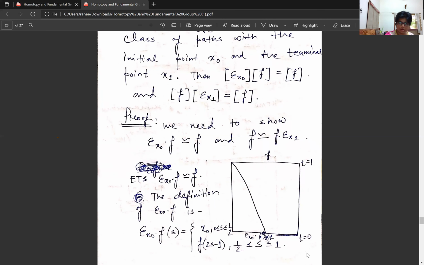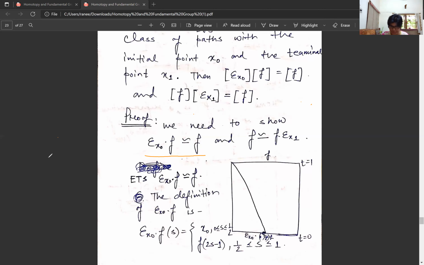We need to show that epsilon x naught times f is homotopic to f. And then in the homotopy equivalence class, they will be the same, right? So how do we show that epsilon x naught times f will be homotopic to f?